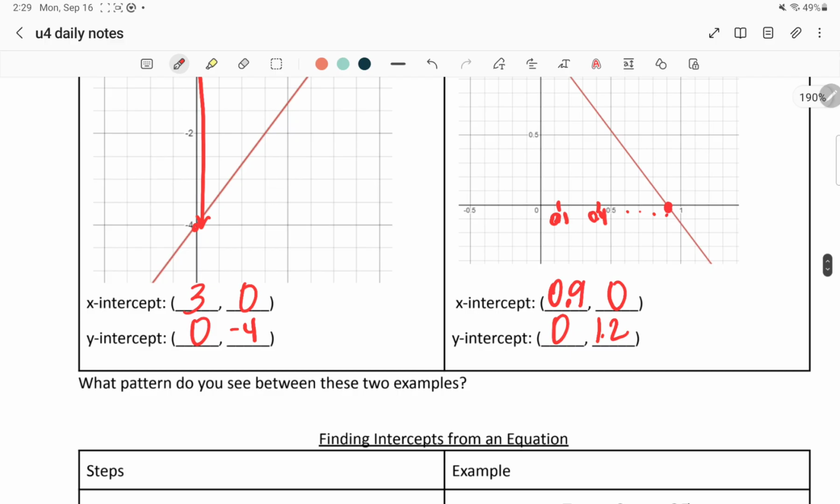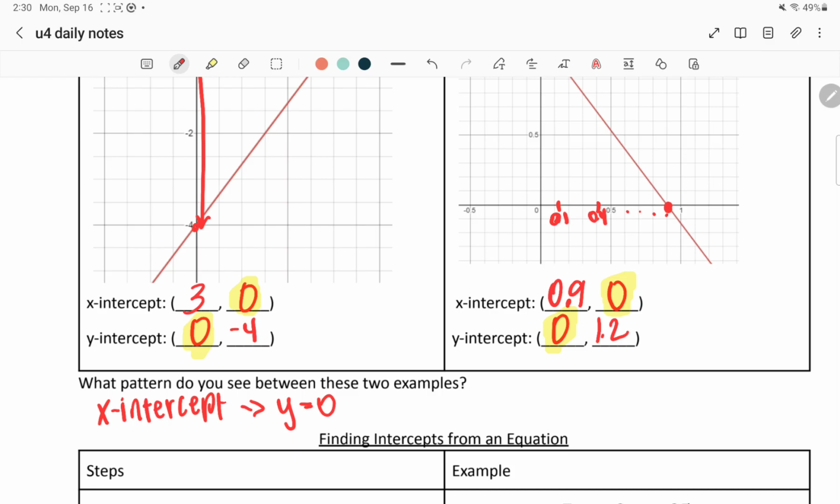So, do you see a pattern? You should notice that there's a 0 in the same spots. So we're going to write: when it's the x-intercept, then y equals 0.